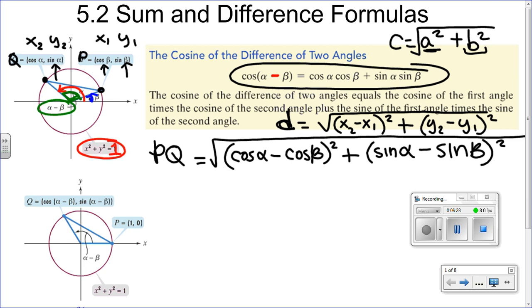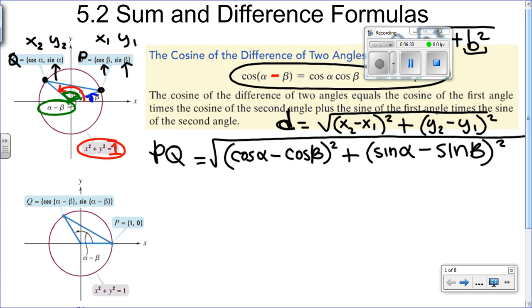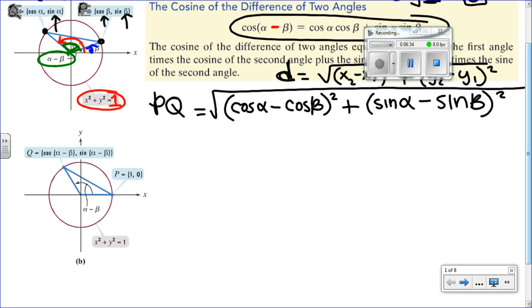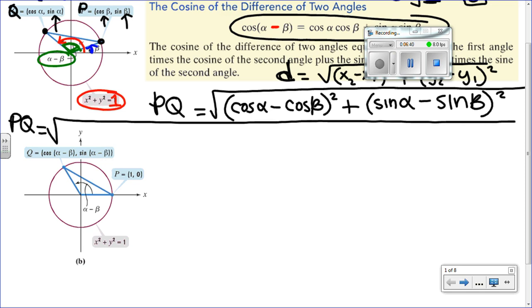Okay, now the scary part is going to come up. I'm going to expand them, so I'm going to need more room. You'll see why. Okay, so what I have here is a binomial being squared. Now, don't write this part, this will be like my scratch work.